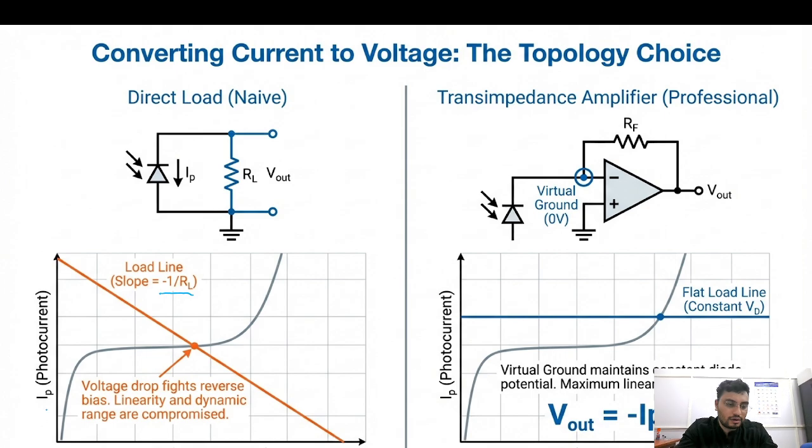If you plot IP versus VD, with VD on the x-axis and IP on the y-axis, you'll have a sloped load line like this.